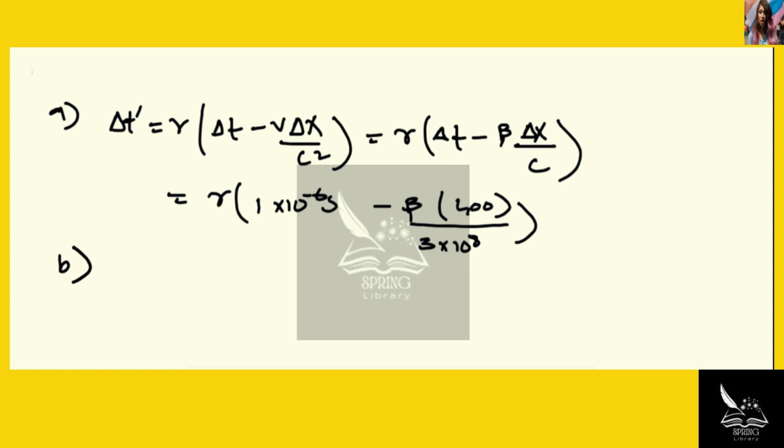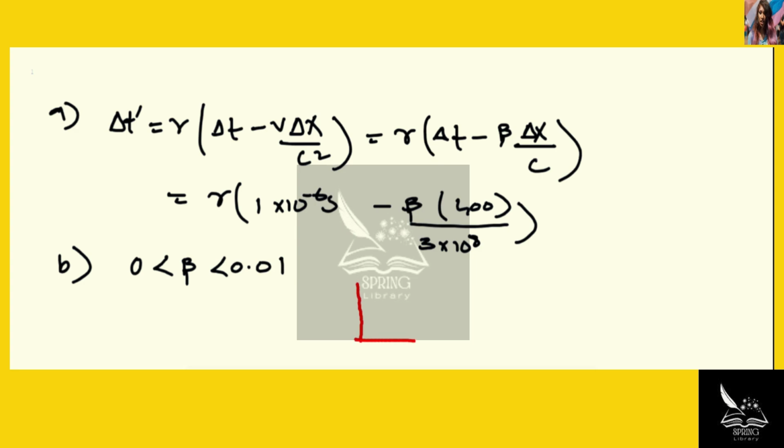For part B, a plot of Δt' as a function of beta, as you can see from this equation, in a range of beta greater than 0 and less than 0.01. We can write this plot in the following way.